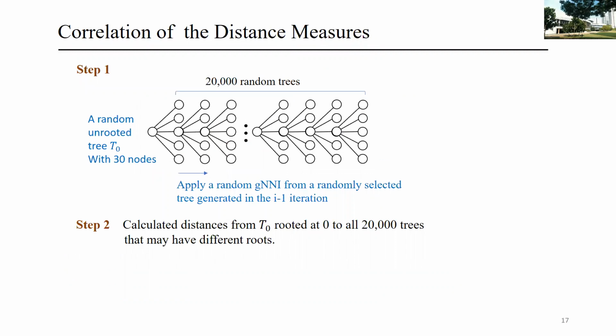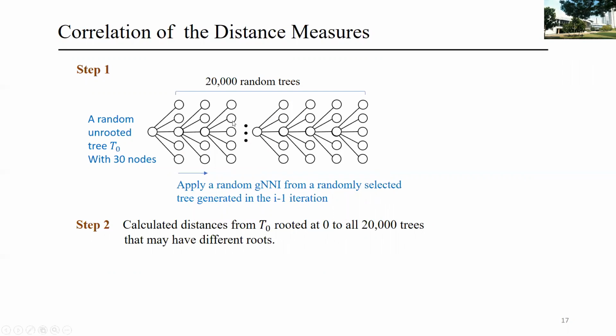We examine the correlation of distance measures by using the distance from a 30-node labeled tree to labeled trees randomly generated from that tree. We first pick a tree T0, which has 30 nodes. Then we generate random trees in 4,000 iteration steps.